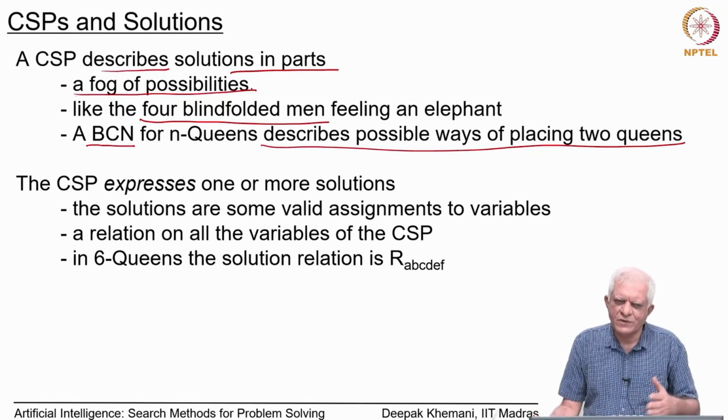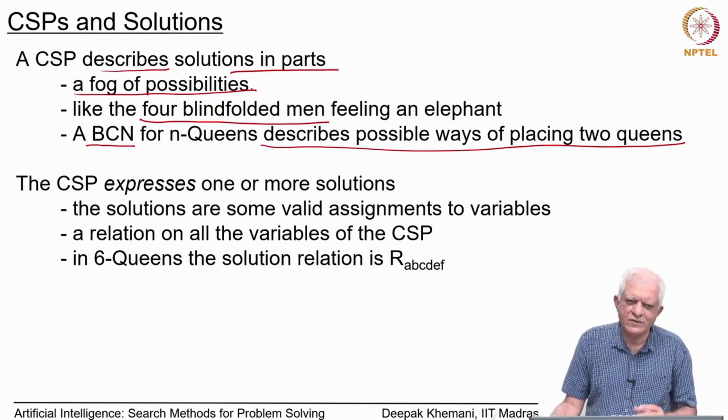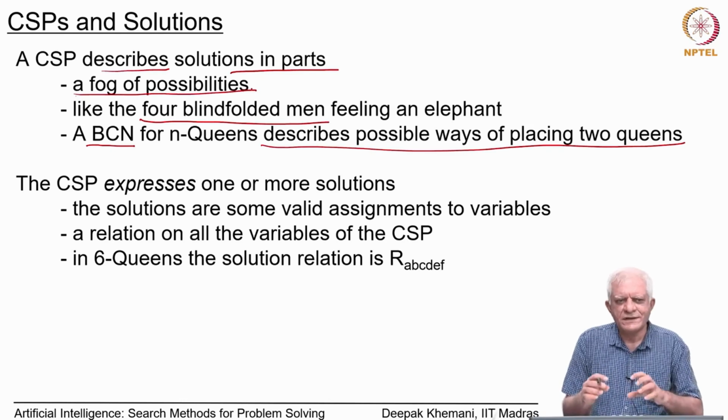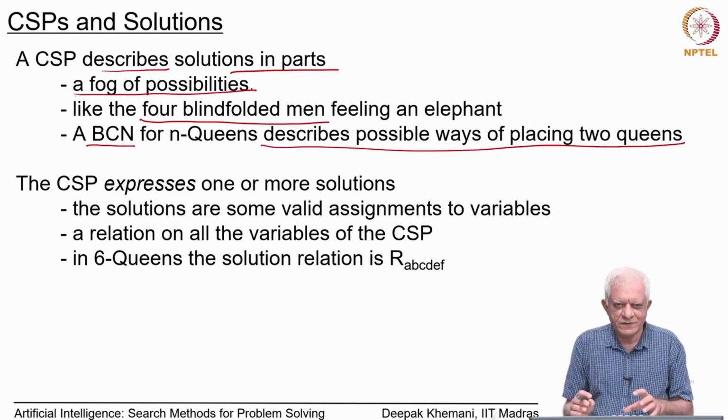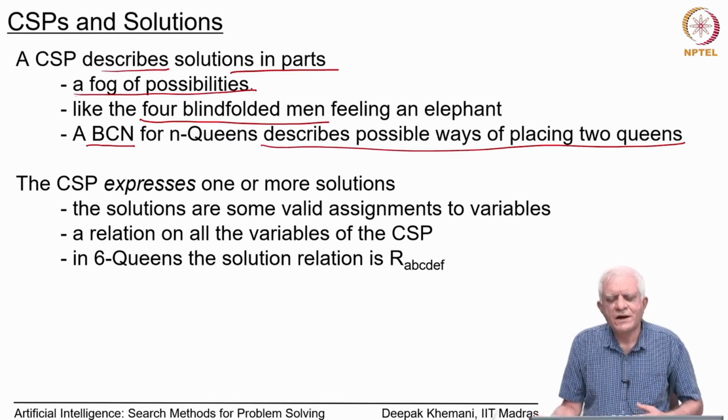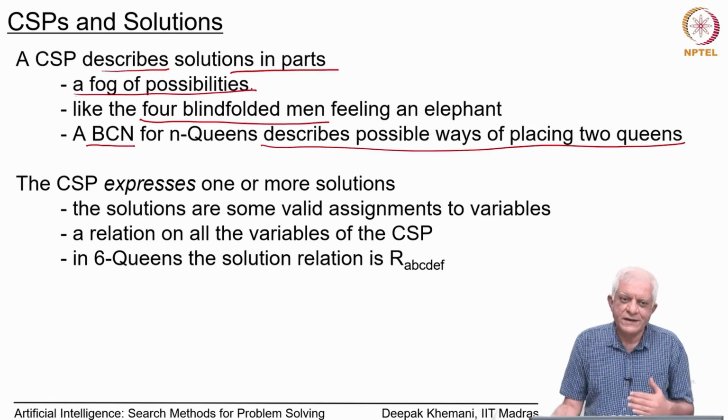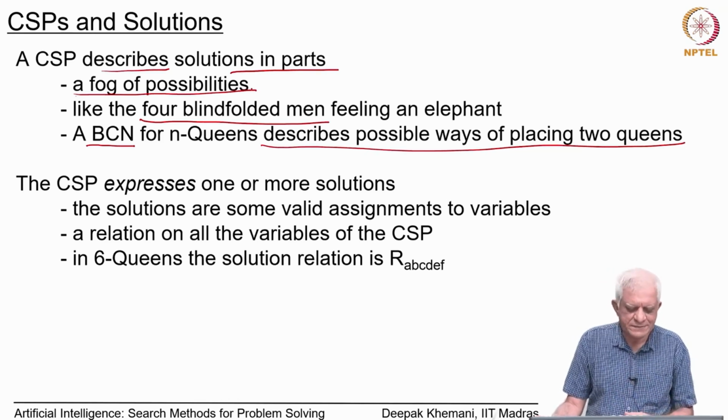And if you were to do a more analytical study of constraint networks, then you would start talking about how this network is equivalent to that network, because both express the same solutions. But we will not have time to go into that. We want to simply focus on how search plays a role in solving constraints and how search can be combined with reasoning while solving CSPs.